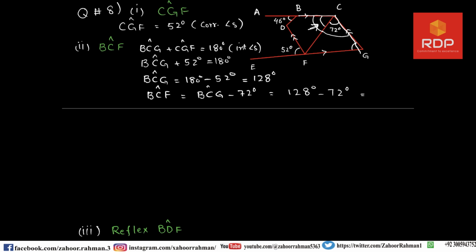So when we subtract it, we will only be left with 56 degrees. So that is the answer. We can write that BCF is equal to 56 degrees, and that is our ultimate answer.